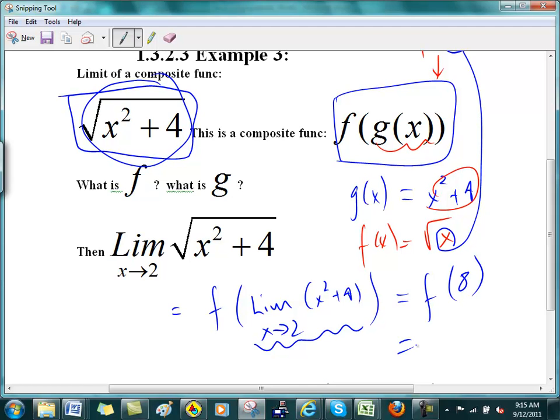And then Jonathan, what does this give me? Here's f, okay? There's f. So what are you going to do? Ryan, help out. Root 8, but will you write root 8? 2 root 2.